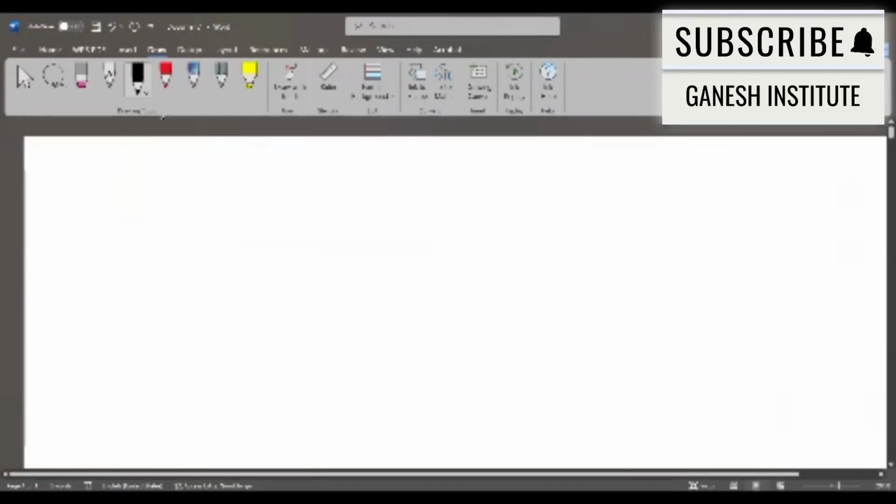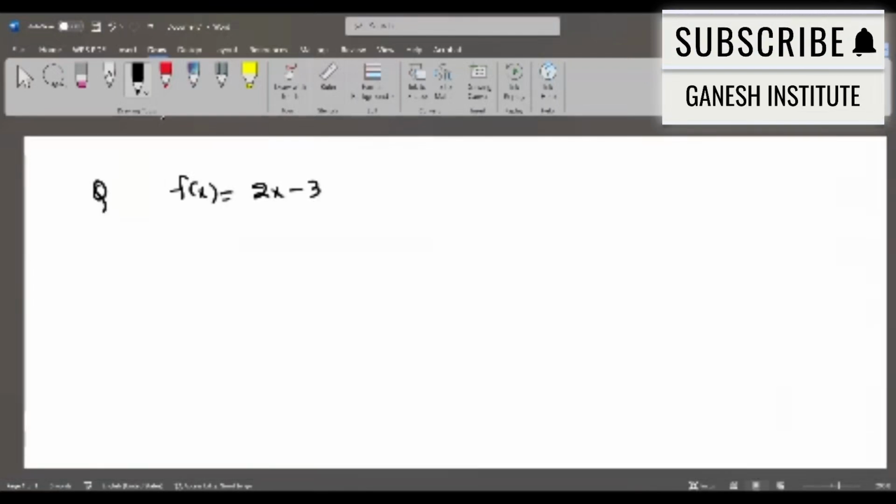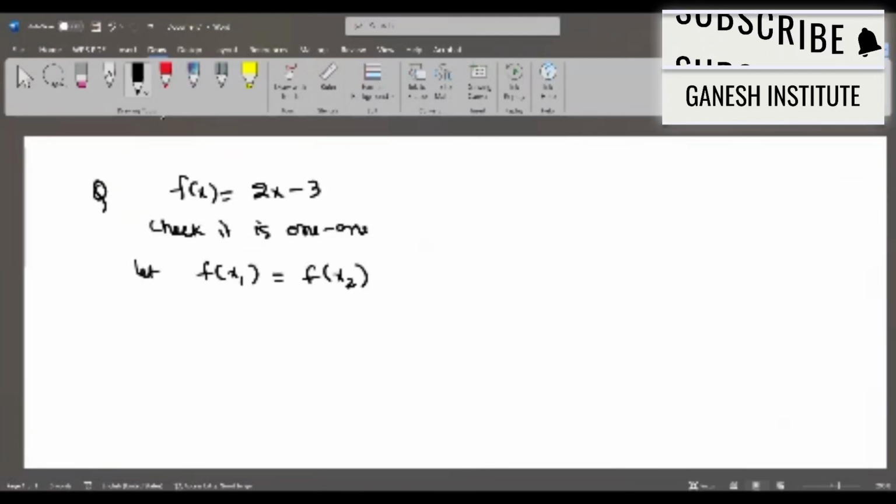Let's say you have a function f of x equals 2x minus 3, and you have to check whether it is one-one or not. What you will do, you always assume that your function's value for different x is the same. That is not the condition of one-one, right?